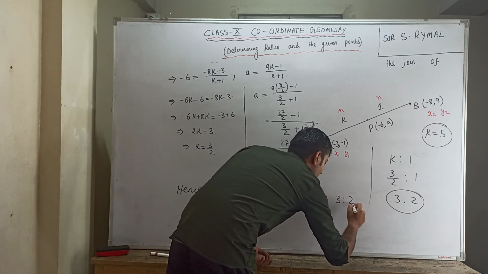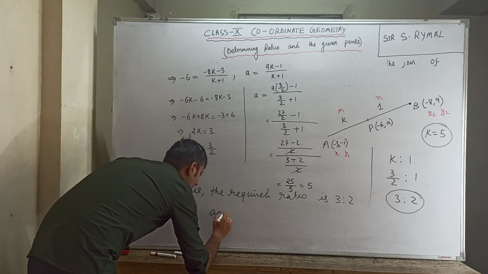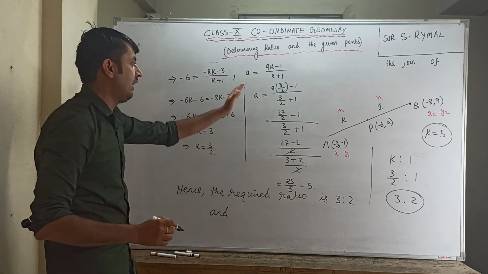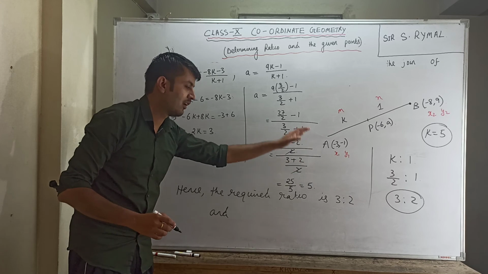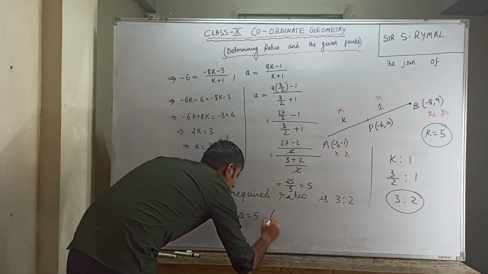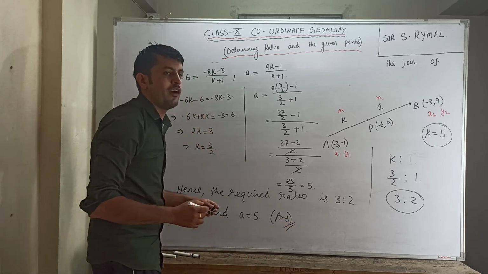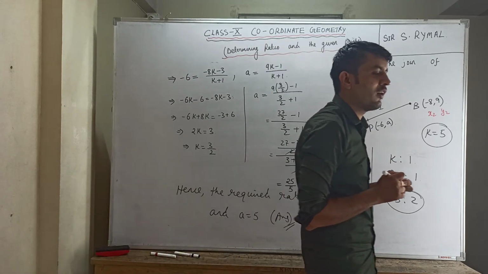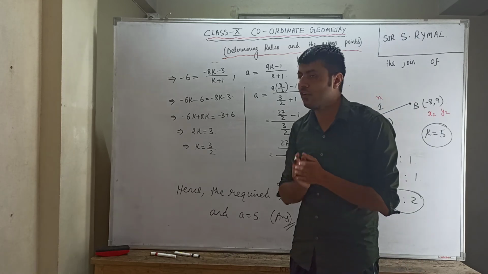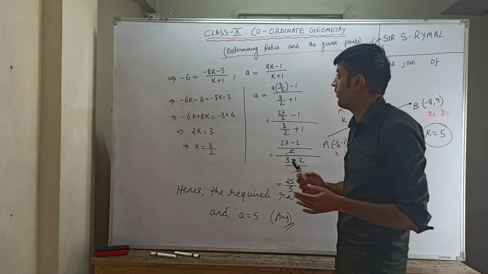Okay? 3 is to 2. That is the required ratio. And what is the value of a? The value of a is 5. So, a is equal to 5. So, this is the required answer. It is not that very difficult. This problem is also the application of your section formula. Okay, alright, I hope this is clear to you.